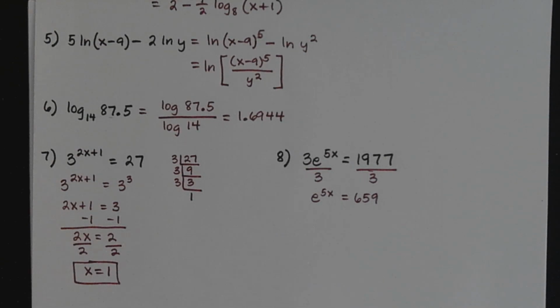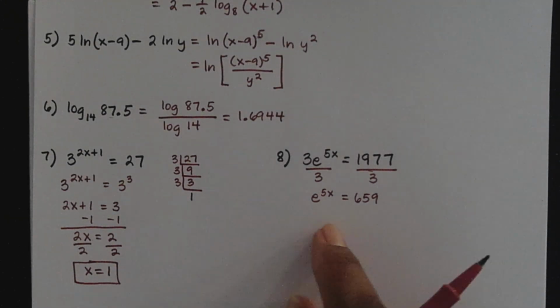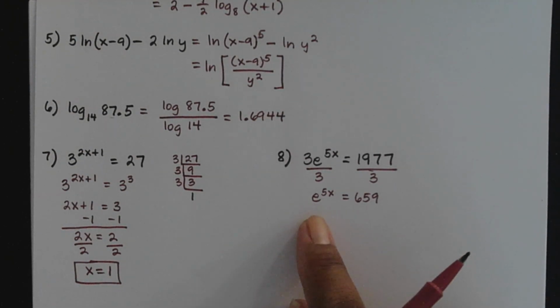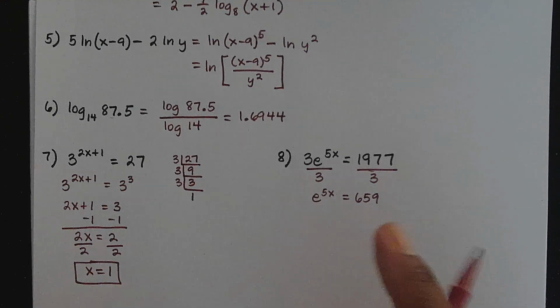And now I need to take either the natural log on both sides or the common logarithm on both sides. Well, there's no base 10 here, so I can't take the common log on both sides. But for this e, I do know that ln and e are inverses of each other.